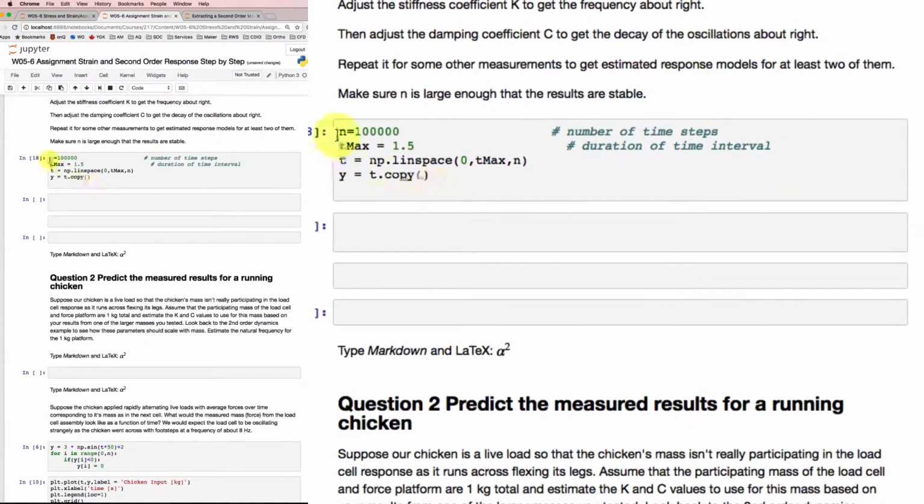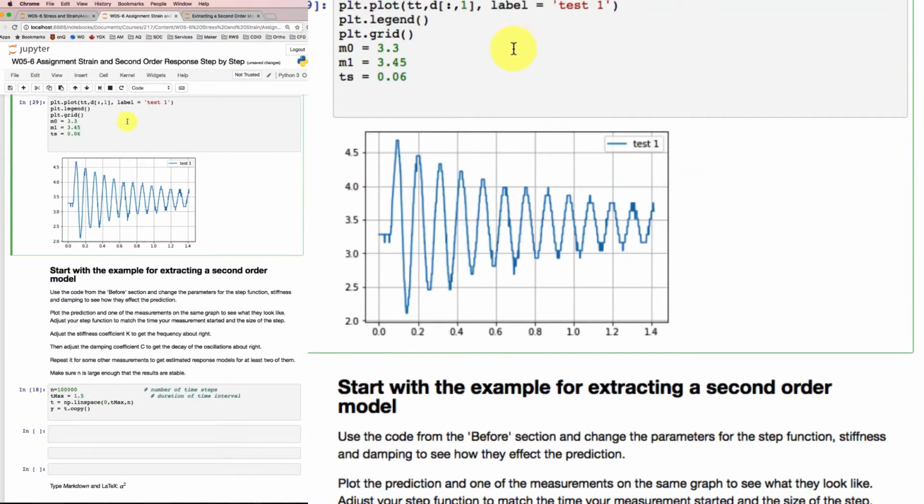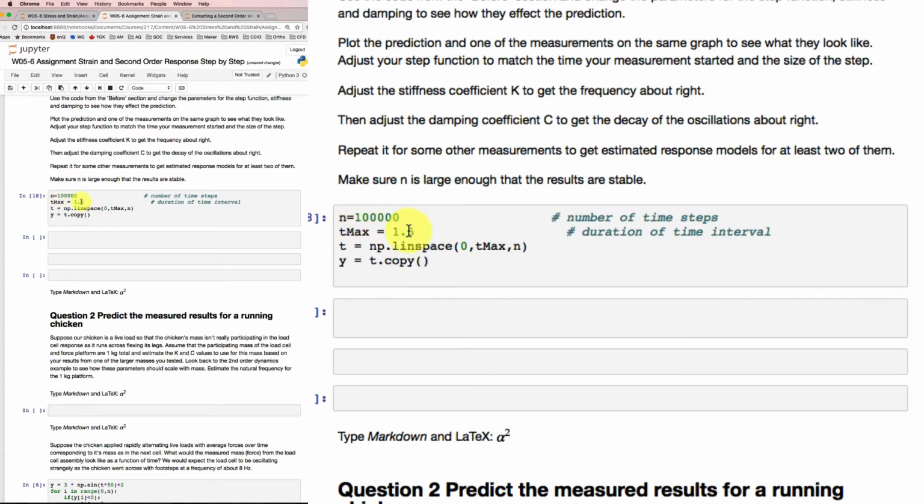First off, I'm going to take n equal to 100,000, just like I did before. And I know that my data goes on for about 1.5 seconds, so I'm going to set T max equal to 1.5. Then I'm going to get a time base that's a linear space that goes from 0 up to T max, so 0 to 1.5 seconds, divided into n different values.